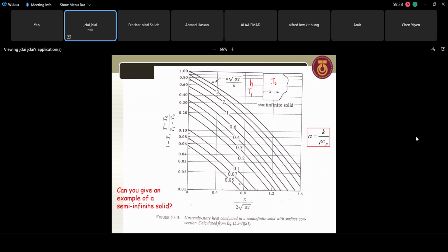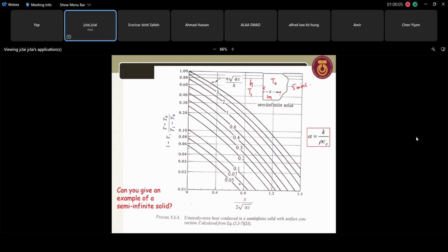Then this is the distance from the surface. Only the surface is exposed to the surrounding. So you are interested to know the temperature at this point, where the distance from the surface is X, let's say 1 meter, after 5 minutes.